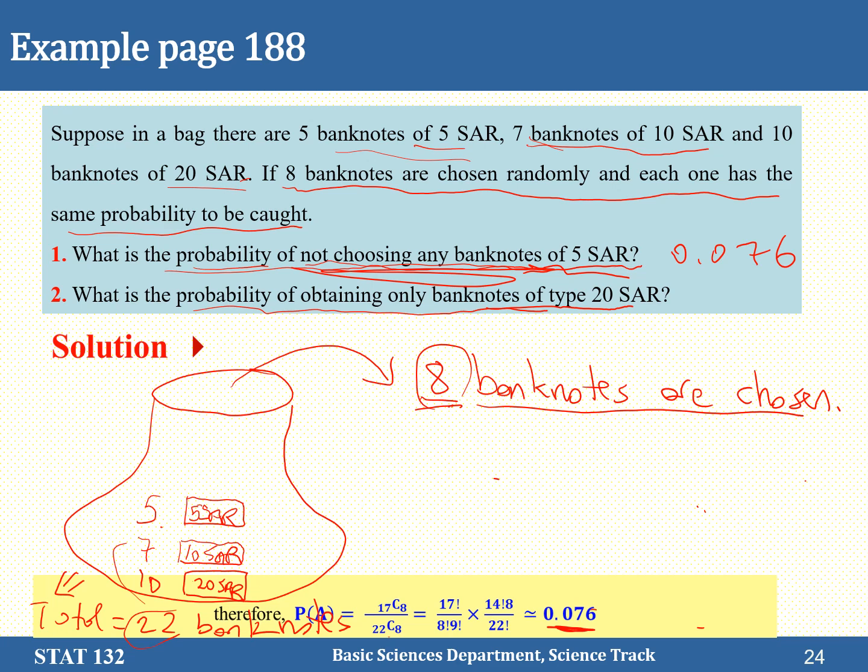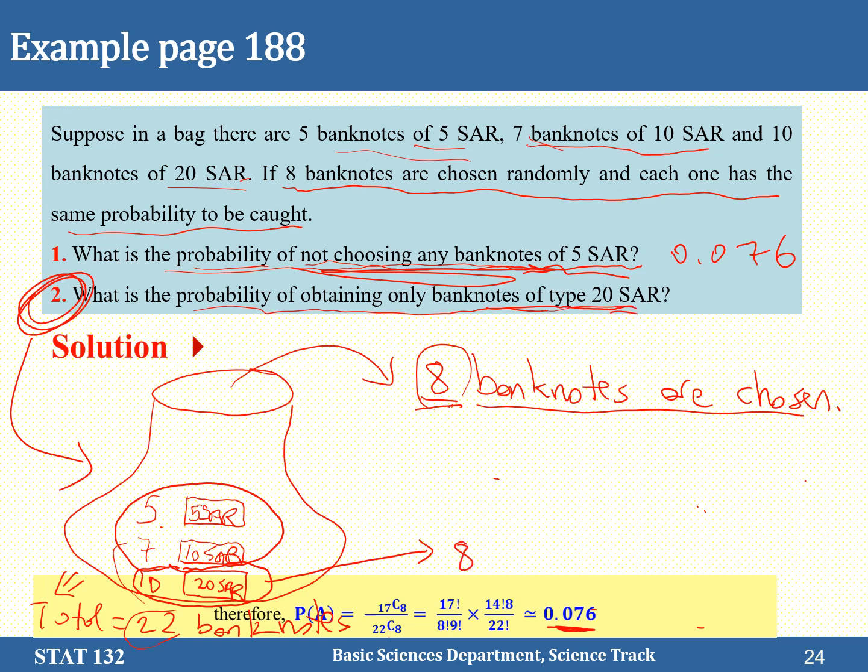For the second question here, you can think of two groups, type 1, 20, and type 2, not 20. So from 20, it contains only 20 reals. It means you choose 8 banknotes of 20 reals. And from this set, you choose 0, okay, 0 of 5 real or 10 real.